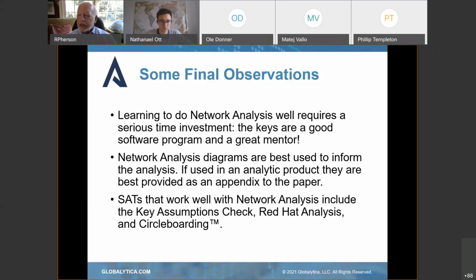What I like to use as the example with red hat analysis is if I'm going to be a foreign spy and I'm going to have a handler. We would do analysis of: we think this person may be a spy. We think they may go to Bogota, it's a good place to meet a Russian, or they're going to go to Dubai, because there's all kinds of people in Dubai.